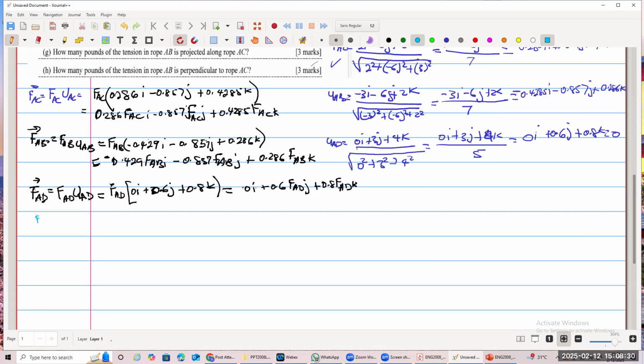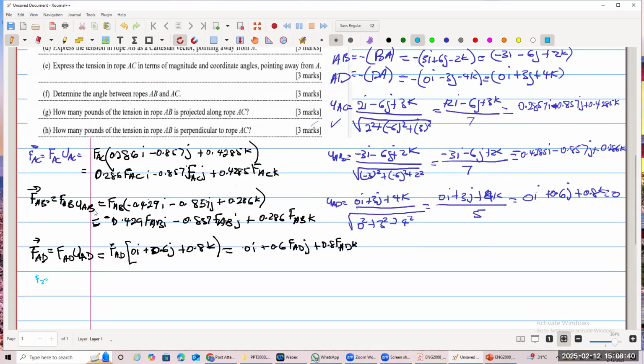Which one was it again? It was the one going in the Z. So the unit vector going in the Z would have been what now? You remember the one for the Z would have been the minus 20.